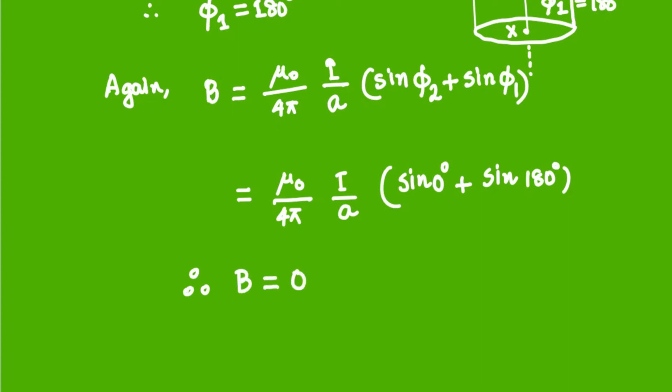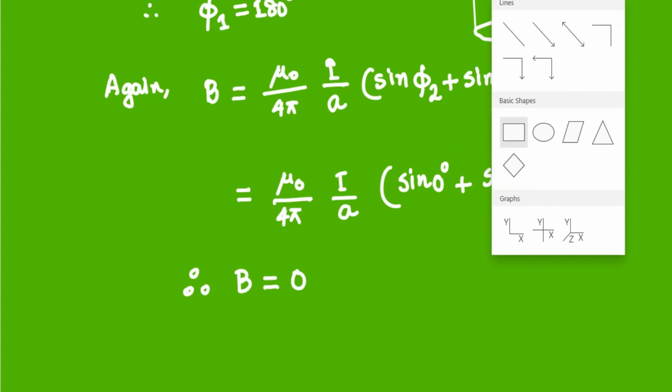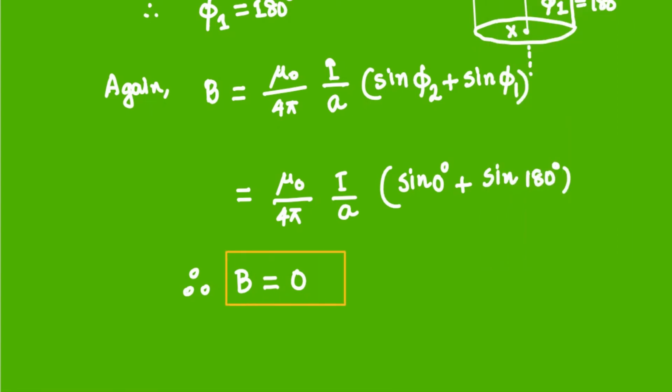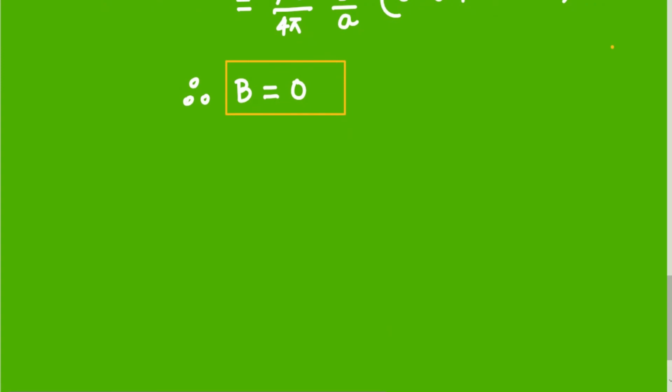Therefore, B equal 0, because sin 0 degree is 0 and sin 180 degree is also 0. So finally we get the magnetic field induction at a point on the axis of a long straight conductor is 0.